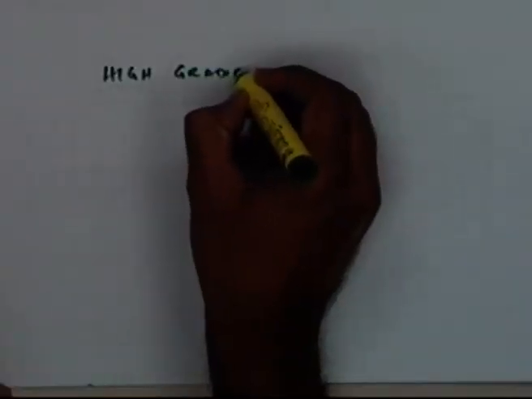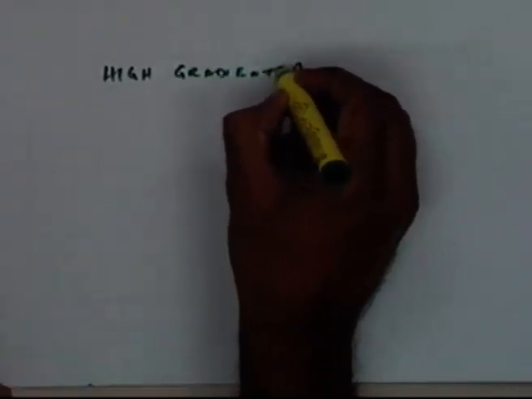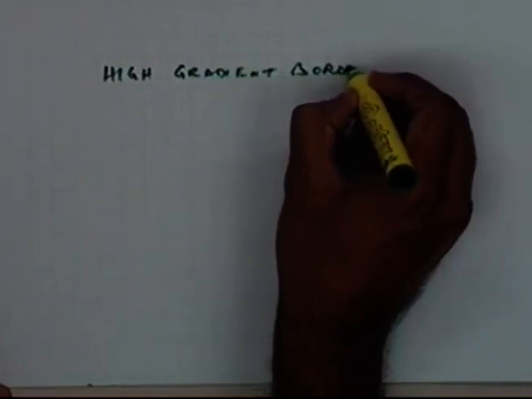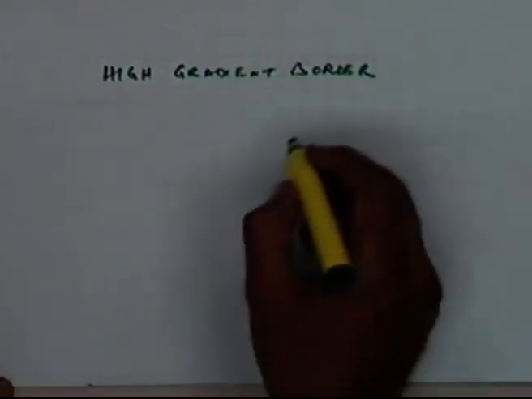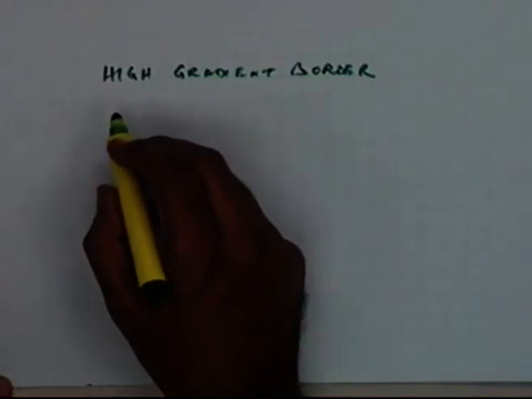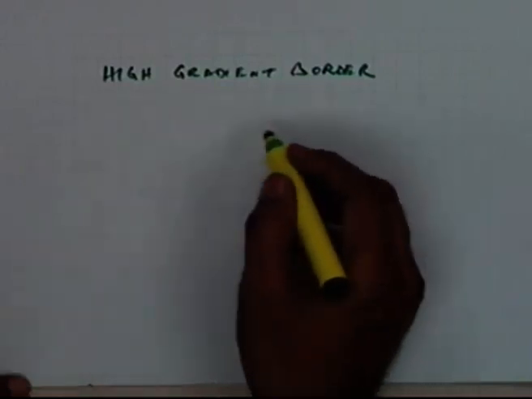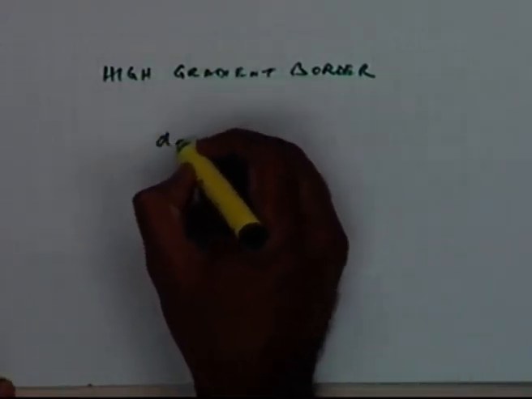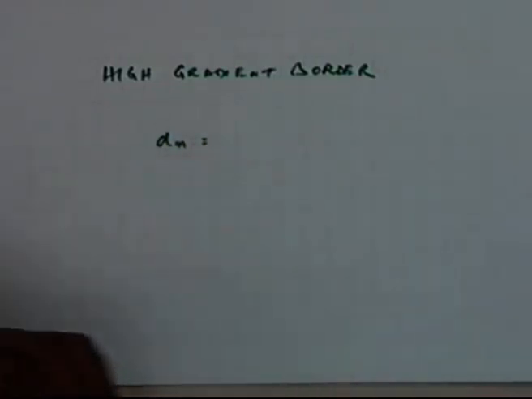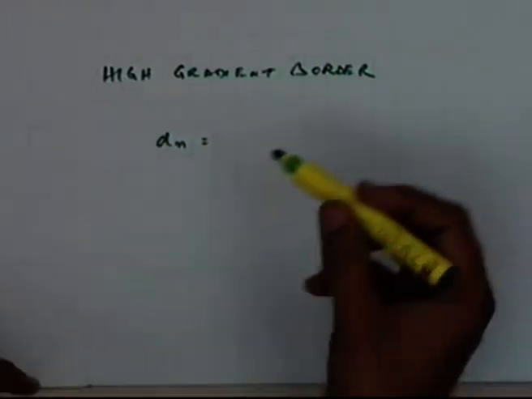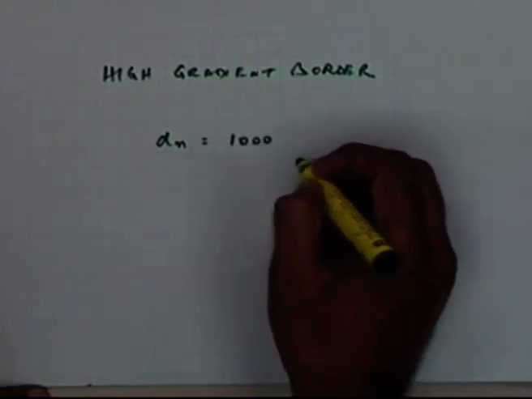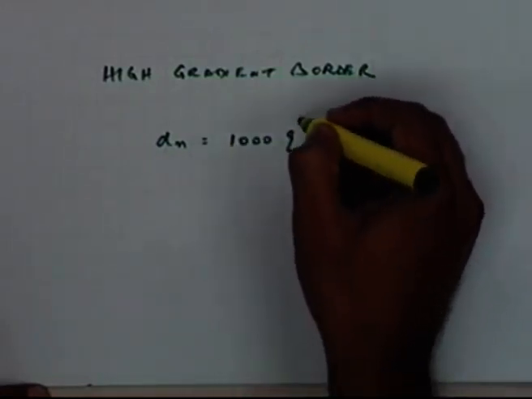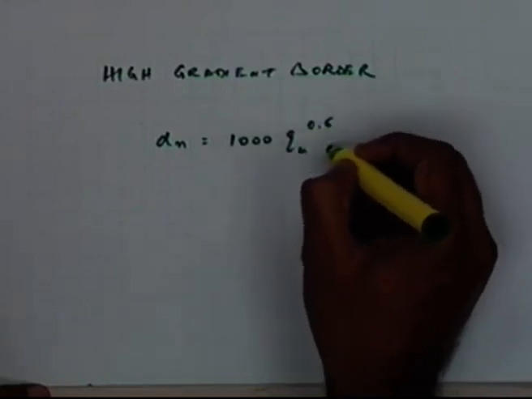So if you have a high gradient border, then at the upstream end you will achieve a normal depth, and that normal depth you can find out using this relationship.